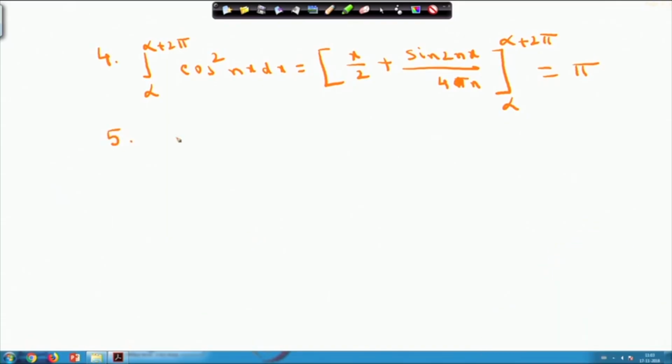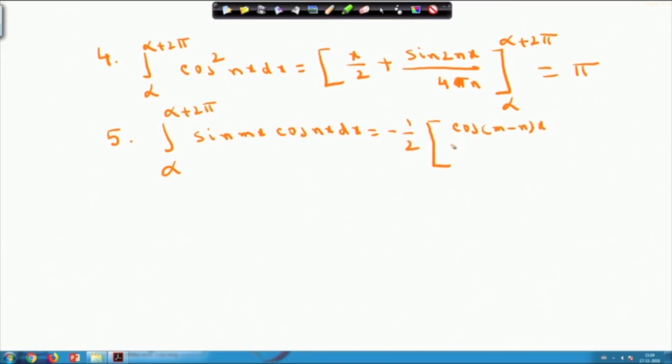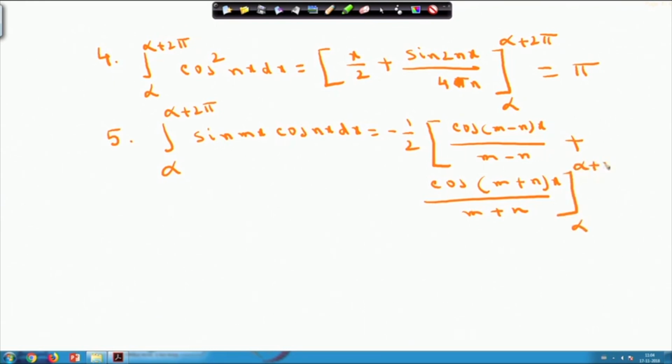Number 5 is the integral from alpha to alpha plus 2 pi of sin mx into cos nx dx. If you integrate, you will get cos of (m minus n) x by (m minus n) plus cos of (m plus n) x by (m plus n), from alpha to alpha plus 2 pi.